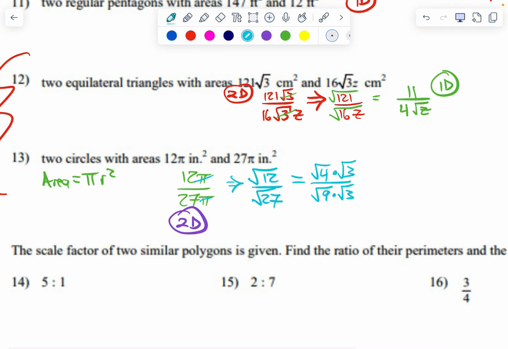Square root of 9 times square root of 3. Okay, so this is 2 root 3 over 3 root 3. Of course, our square root of 3's cancel. And our 1D ratio is just 2/3.